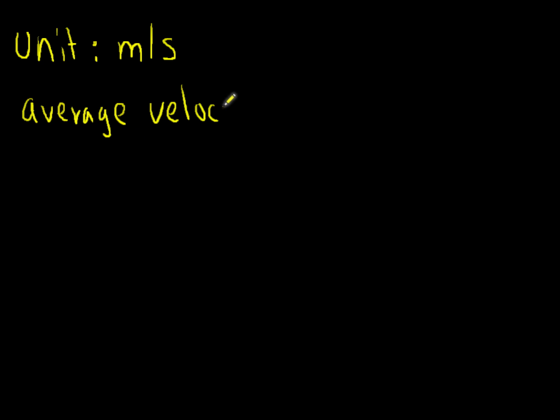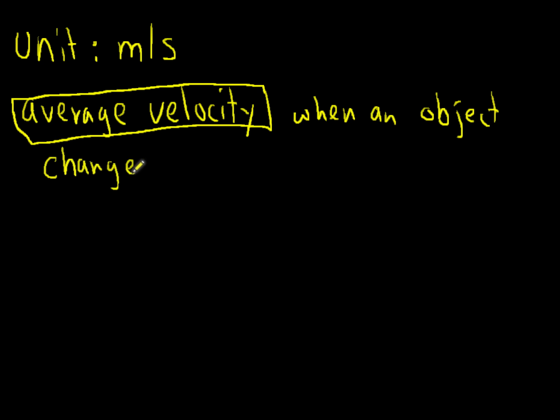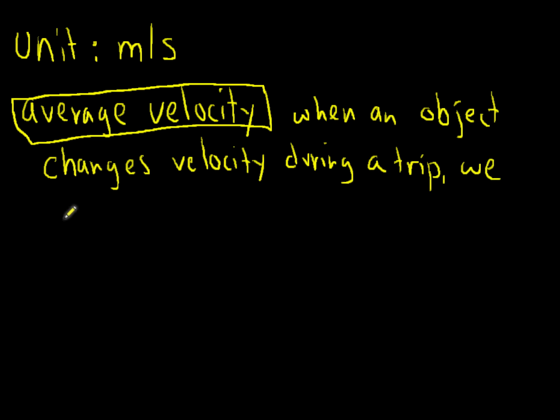Average velocity is similar to average speed. Average velocity is calculated when an object changes speed or changes velocity during a trip. And there is a formula we can use to calculate the average velocity.